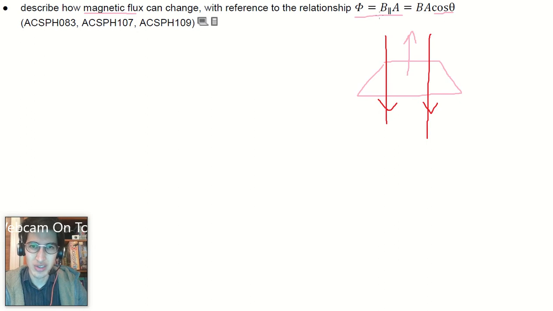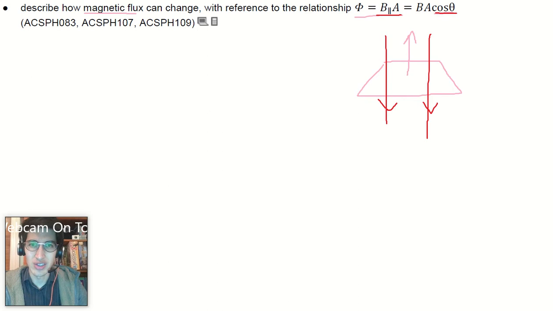In this case, the magnetic field is parallel to the area vector. So this is when you have magnetic flux. So cos theta, in this case, theta would be 180 because they're in opposite directions. Cos theta is at a maximum.